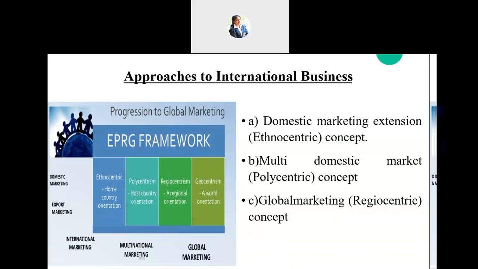The regiocentric concept follows the similarities and differences in the world and its various operating regions, and designs the strategies accordingly.